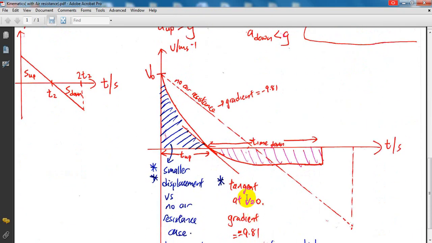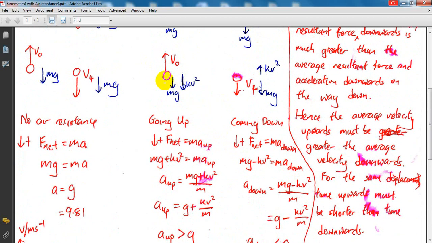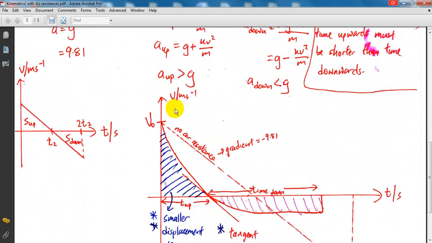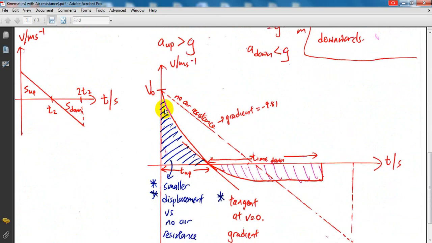Okay, so the graph looks a little bit complicated, but nevertheless we'll try to understand what is going on. This is v0, which is the starting velocity when I'm thrown up. At v0, if there were no air resistance, I would draw a straight line graph as per this situation, because this would represent a gradient of negative 9.81.